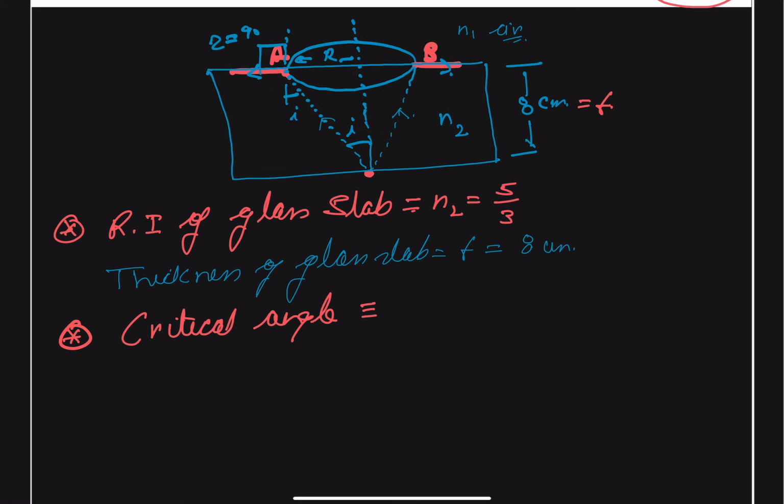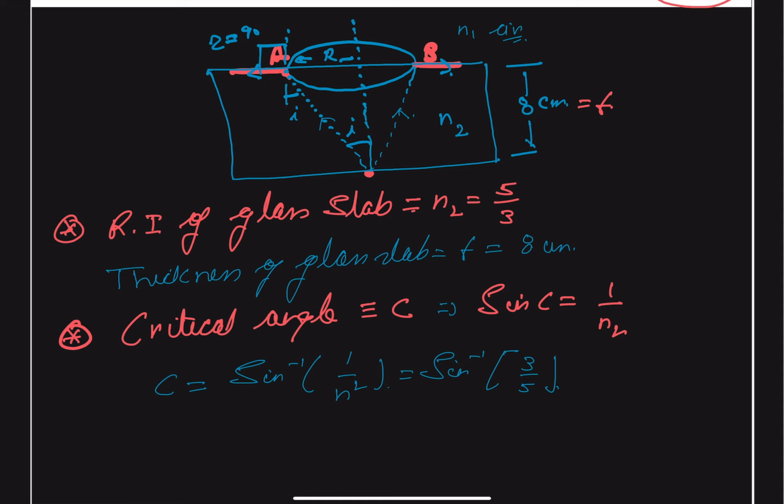If we represent the critical angle as C, then we can write that sine of C will be equal to 1 upon the refractive index N2. So from here we can say C will be equal to sine inverse of 1 upon N2. We already know the value of N2, that is 5/3. So we get this as sine inverse of 3/5. So this is our critical angle.